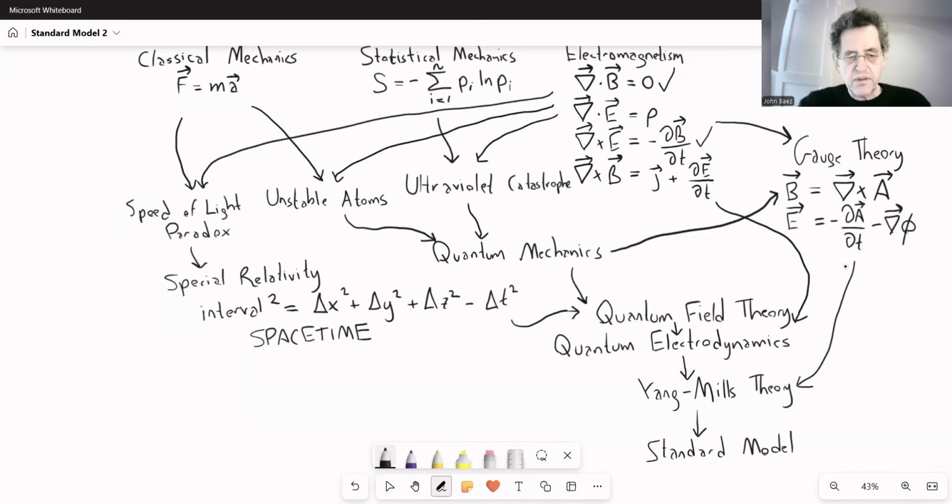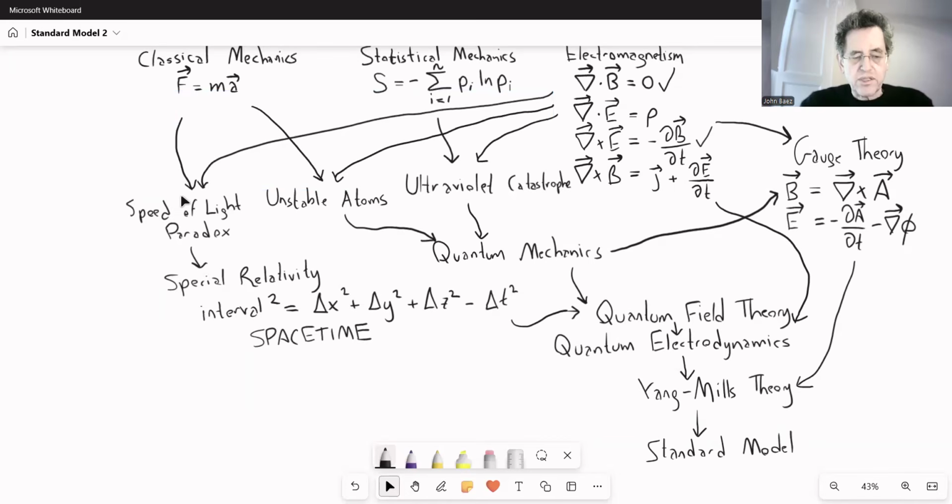It has some additional ingredients, notably the fermions, like the quarks and leptons, and also the Higgs boson. They are all fit in there in a certain way. So that's the story of how, from the three pillars of late 1800s physics, we arrived at the Standard Model.